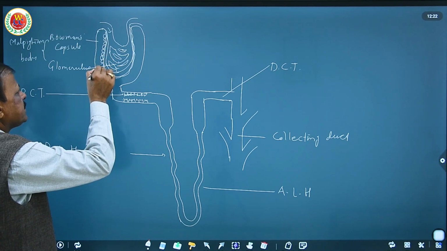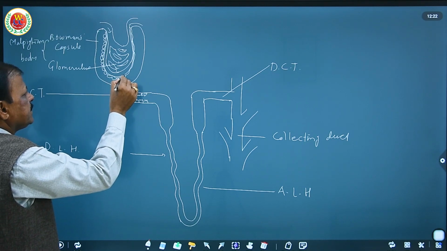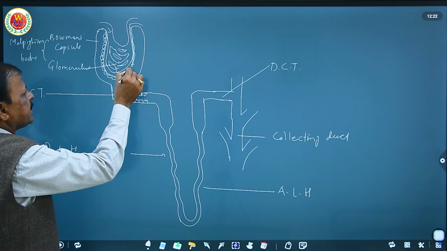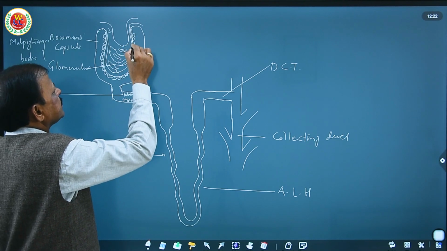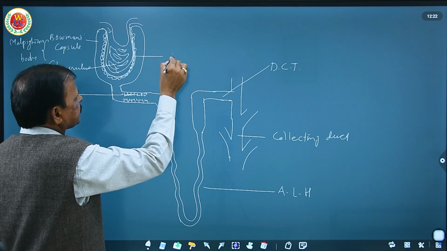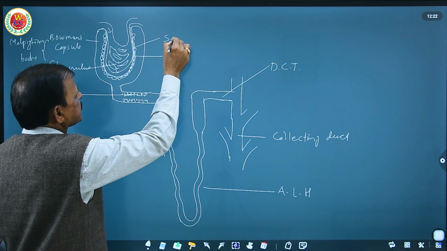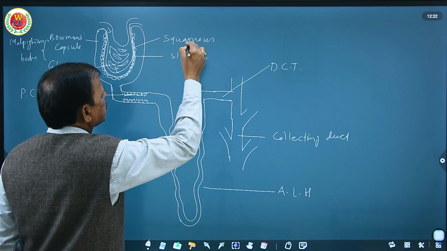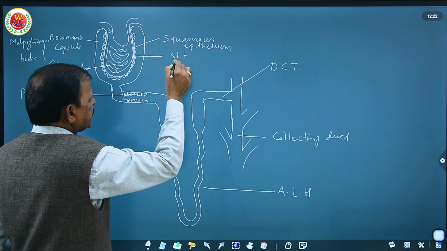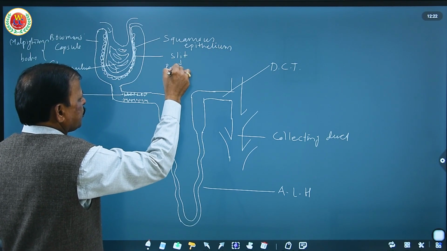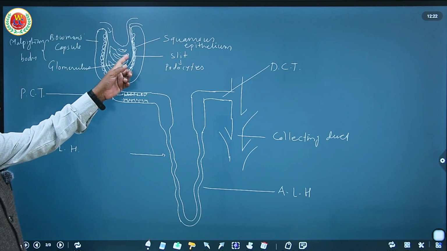The gaps between these cells are called microslits, and these cells are called podocytes, through which ultrafiltration occurs.